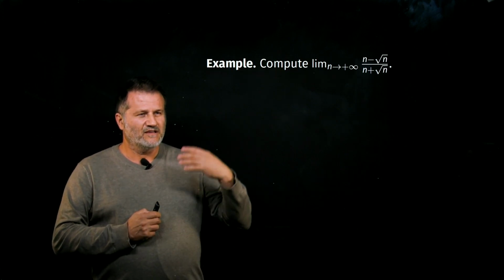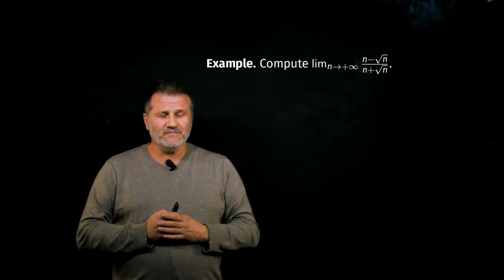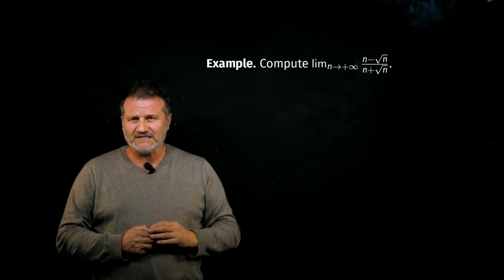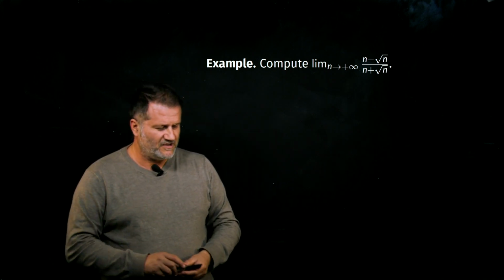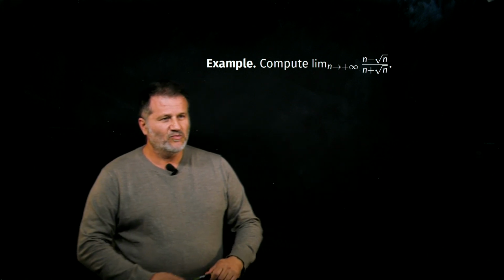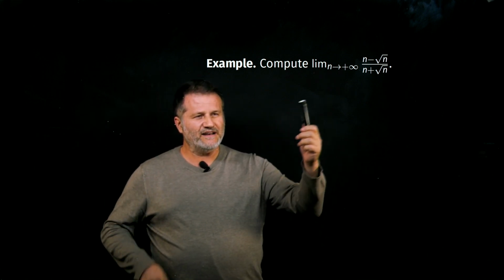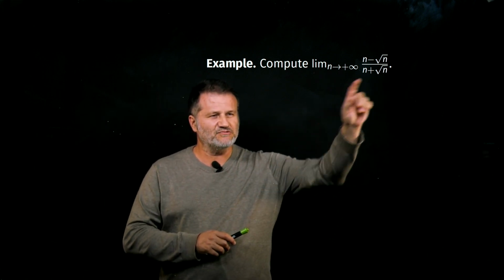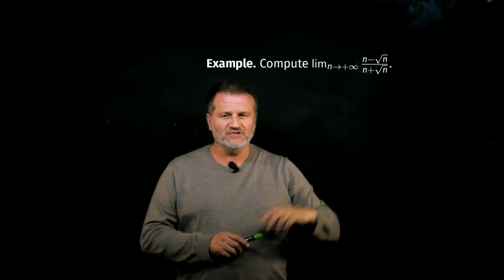Now, to understand this statement, a good idea is to do some practice on some simple examples. Let's consider this one. We have to compute the limit when n goes to plus infinity of (n minus root of n) divided by (n plus root of n).